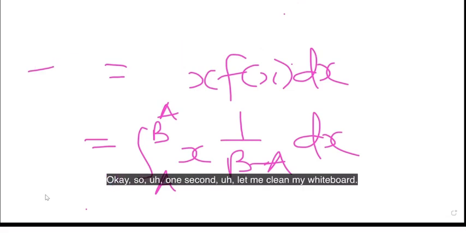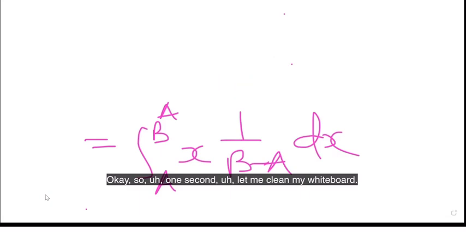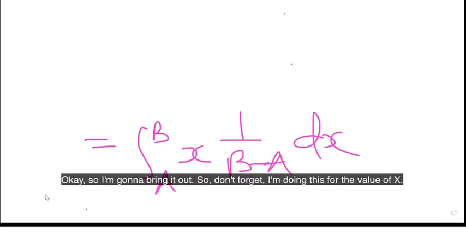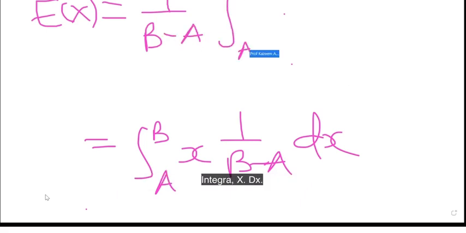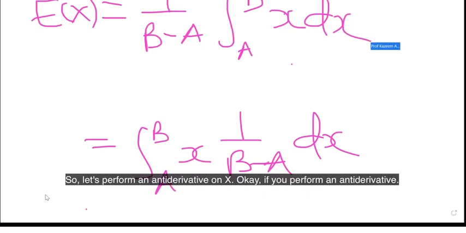Okay, one second, let me clean my whiteboard. So I'm going to bring it out. Don't forget, I'm doing this with the value of x. So 1 over b minus a, then I'm going to be left with the integral of x dx. So let's perform an antiderivative on x.